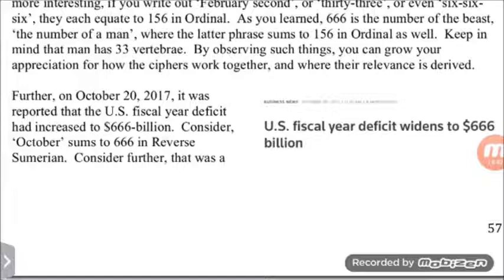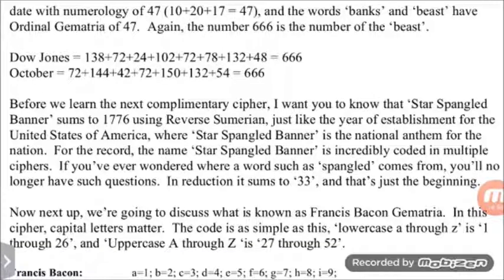Consider further, that was a date with numerology of 47, 10 plus 20 plus 17 equals 47. And the words banks and beast have ordinal gematria of 47. Again, the number 666 is the number of the beast. Dow Jones equals 666. October equals 666.